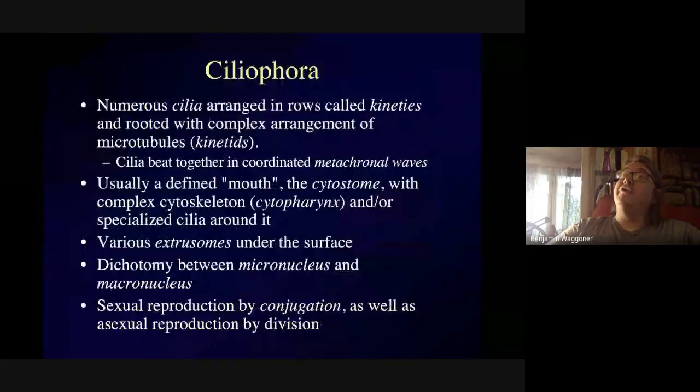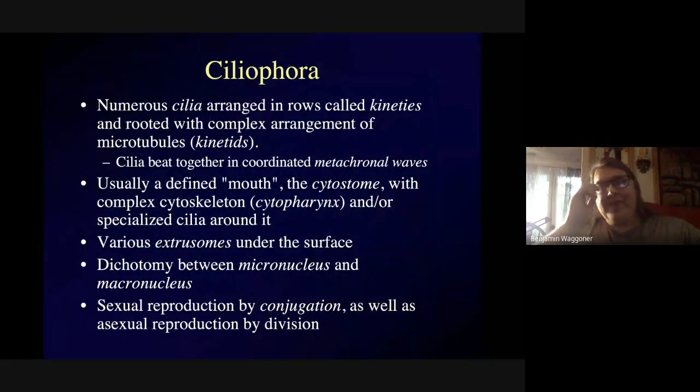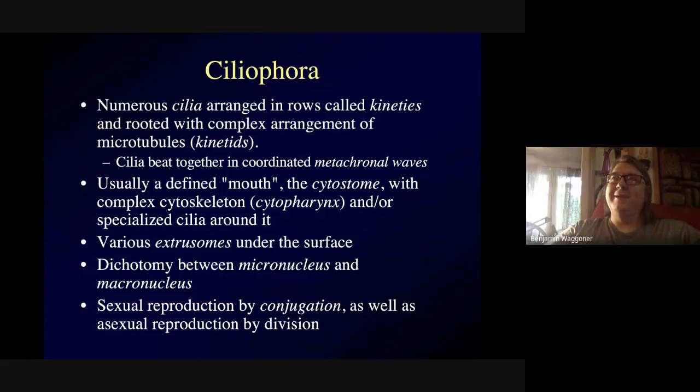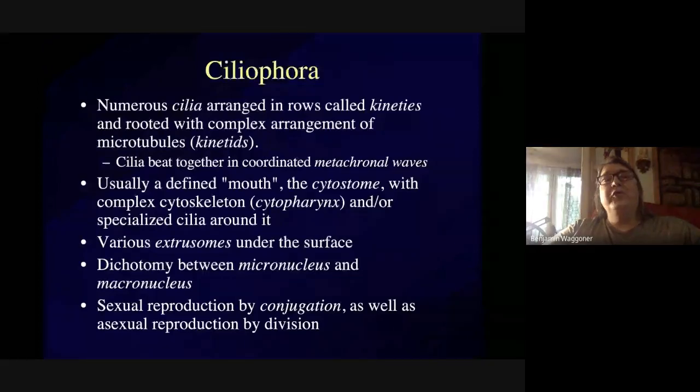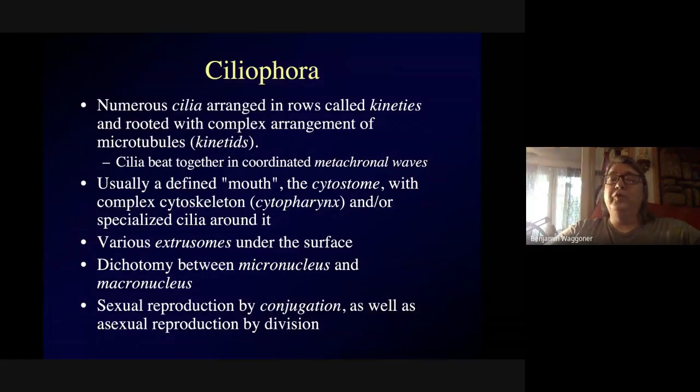I'll start with the ciliates. Ciliates are called ciliates because they have cilia, which is very profound. No, really, I've got a PhD. Seriously, you know what cilia are, and there's more to it in ciliates than just having lots of them. The cilia are arranged in rows called kinetes.